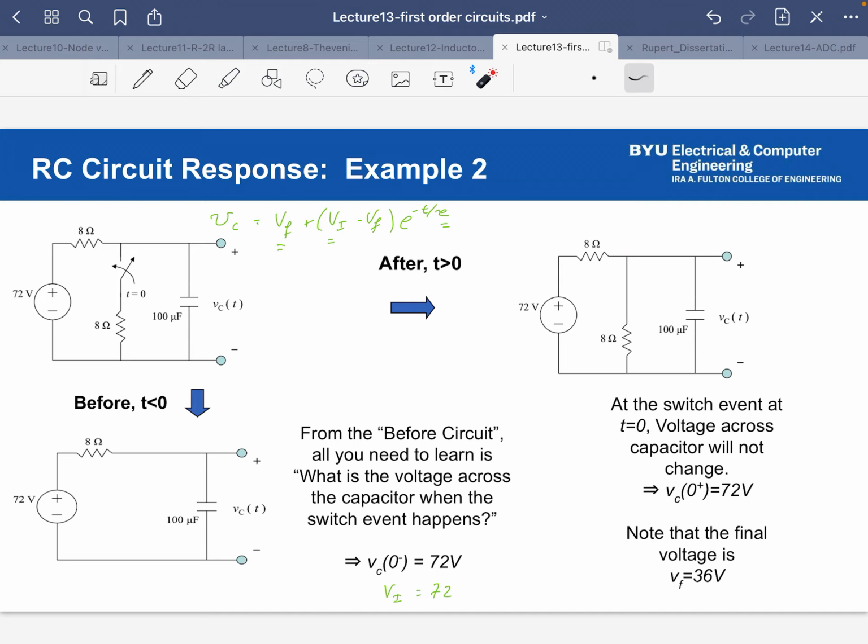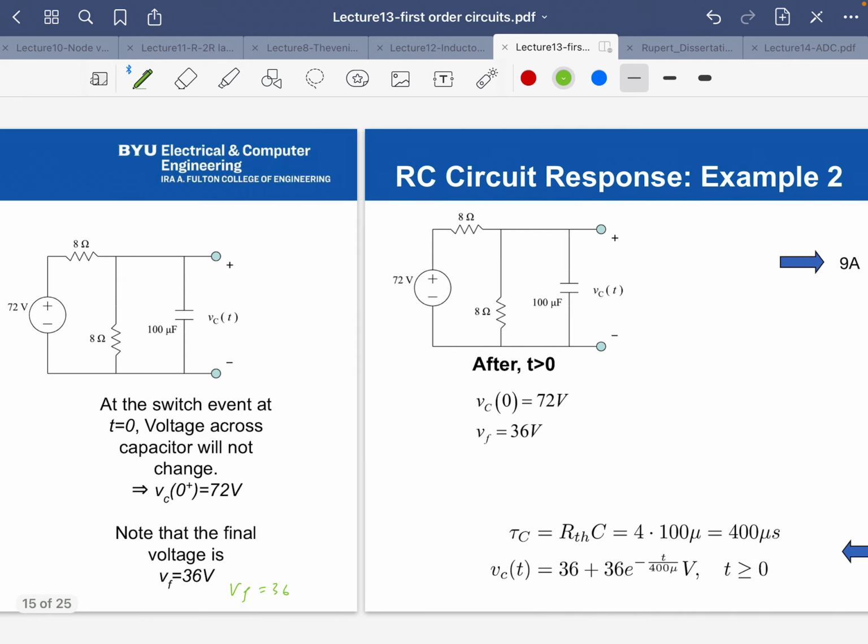You could think of it as an open circuit. So you would have 72 volts split across an 8 ohm and 8 ohm resistor. This is a voltage divider with equal resistors, so 72 splits in half. When this voltage is equal to 36 volts, no current can flow in or out of the capacitor. So VF is equal to 36 volts.